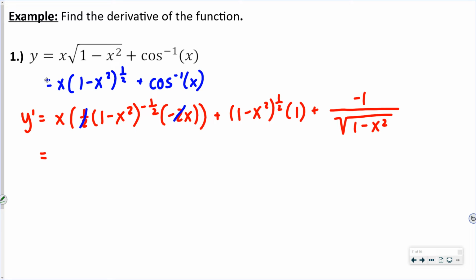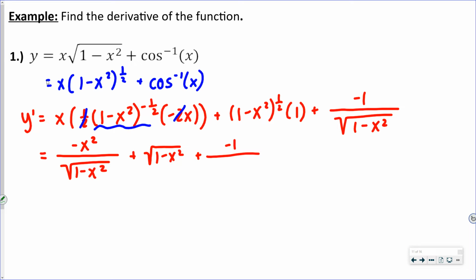I'm going to bring down that negative power and rewrite it as a radical. That takes care of this. And then it looks like I just have negative x squared on top. Here I just have plus the square root of 1 minus x squared plus negative 1 over the square root of 1 minus x squared.